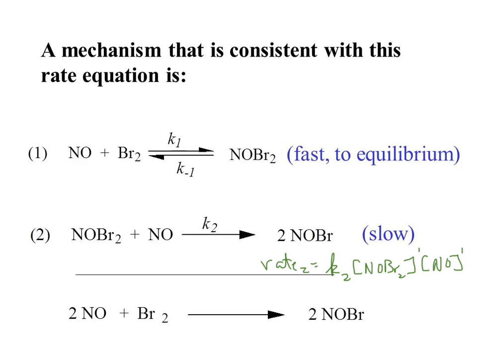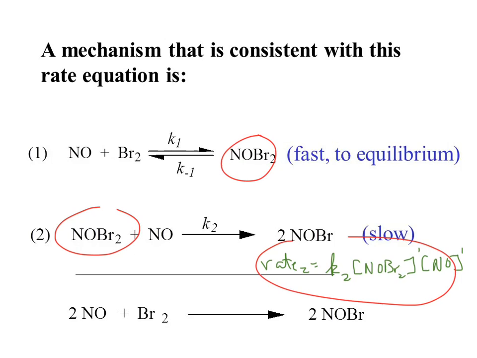We can use molecularity to get to that rate determining step because it's an elementary step. The problem, and you maybe already recognize it, is that NOBr2 is an intermediate. And you cannot have your rate law expression in terms of an intermediate. This has to go away. And I'm going to show you how to get that to go away.